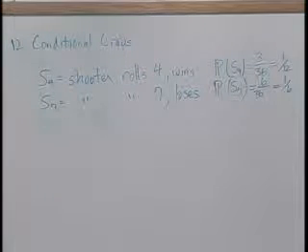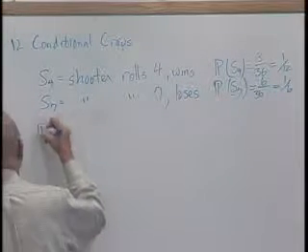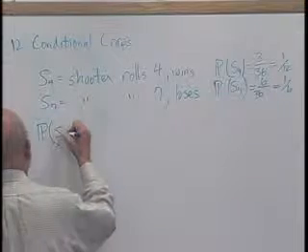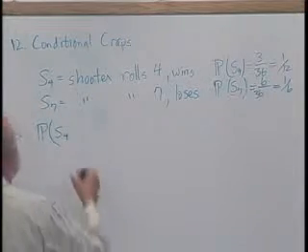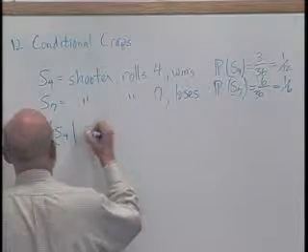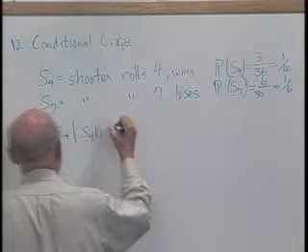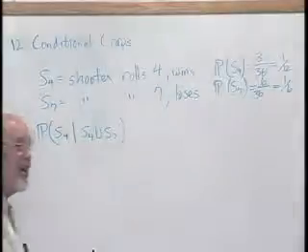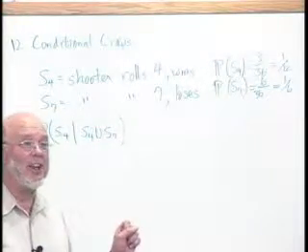So, when the person in front of you says, yes, the game is over, you can reason as follows. I want to know the conditional probability that the shooter won, because I bet on him, given that the game ended, and the event that the game ended is S4 union S7.